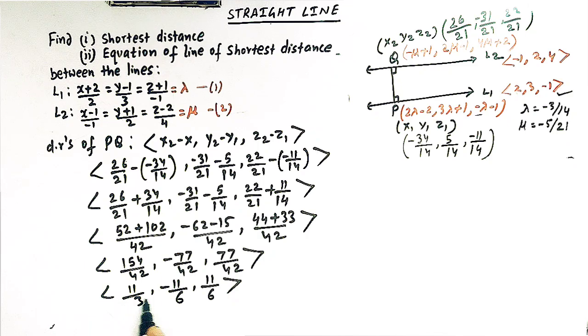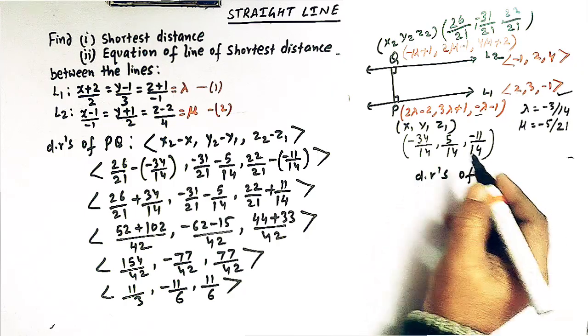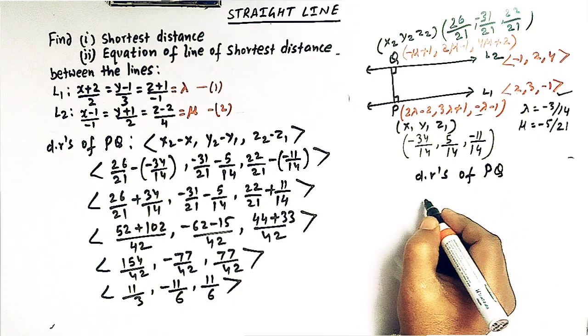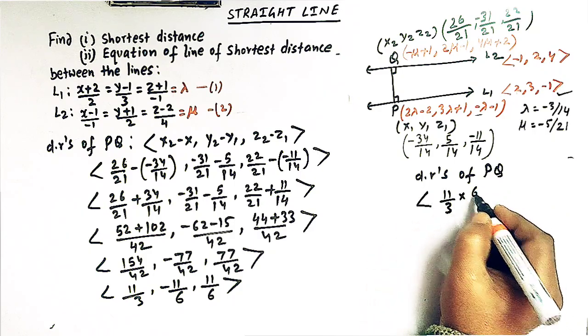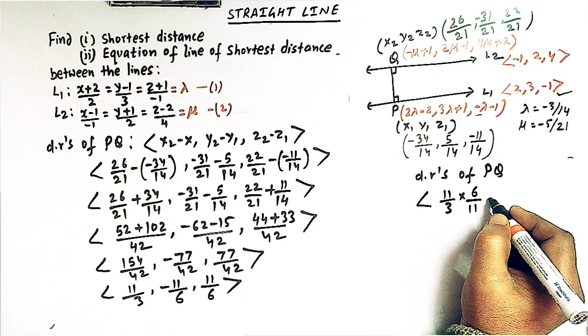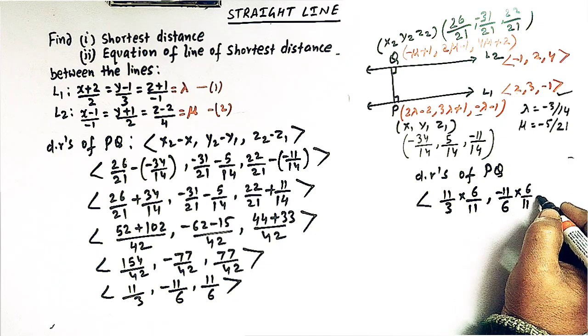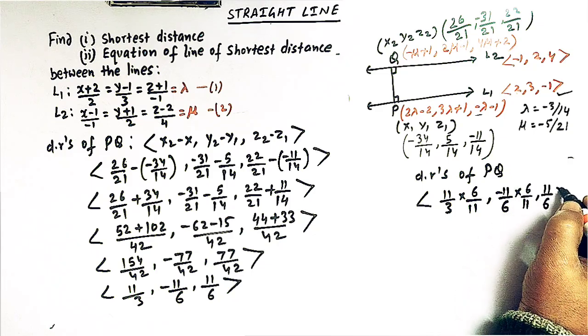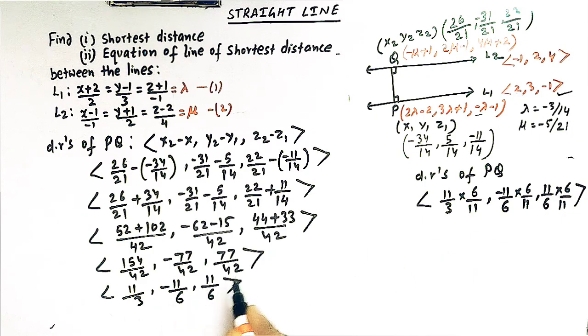So multiplying these numbers by 6 over 11, the direction ratios of the line of shortest distance PQ may also be written as 11 over 3 times 6 over 11, then minus 11 over 6 times 6 over 11, and then 11 over 6 times 6 over 11, right?